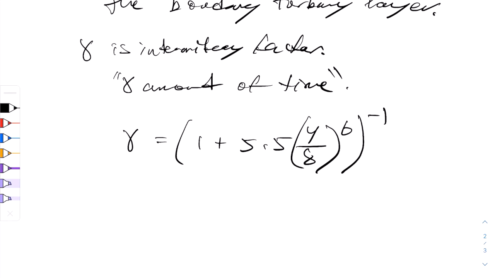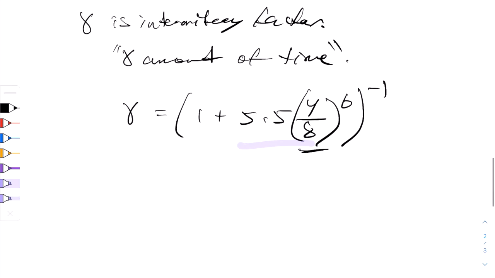As y becomes large, of course, this second term becomes larger, and we get a fraction. It'd be 1 plus a number greater than 1. This value here, of course, can't become larger than 1 by definition, and it'll be about 1 plus 5.5. So for a distance a long way from the wall, it'll be about 1 over 6.5. So let's just define delta to close up the function.